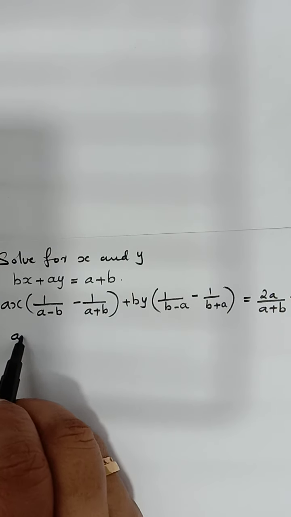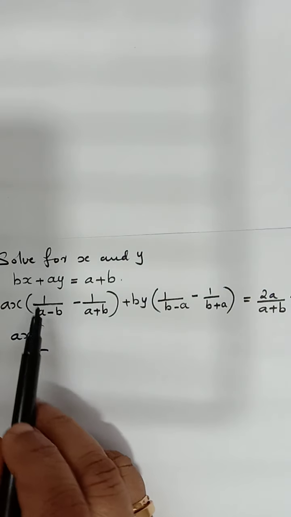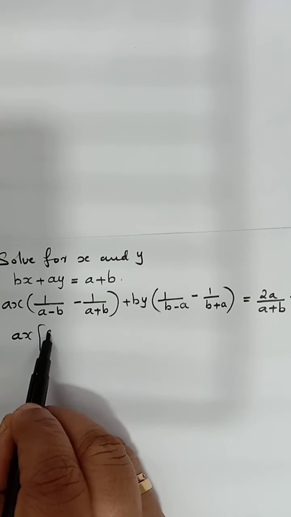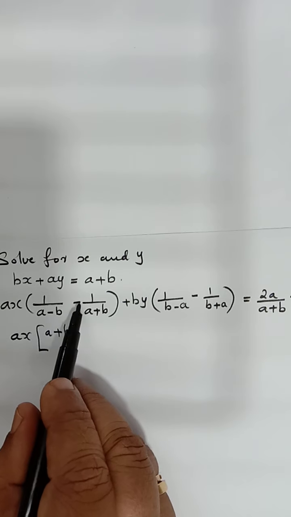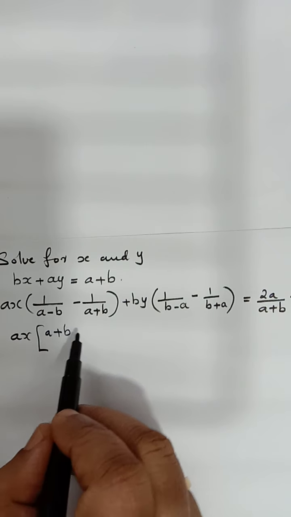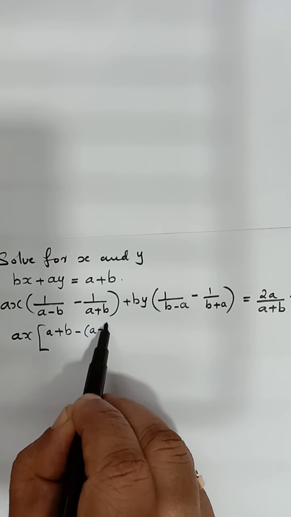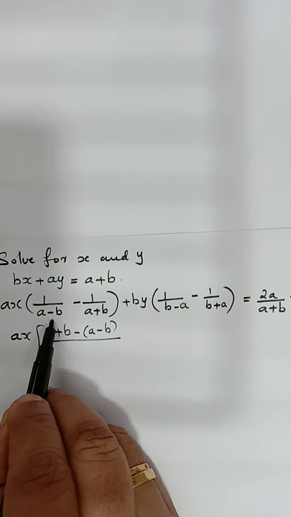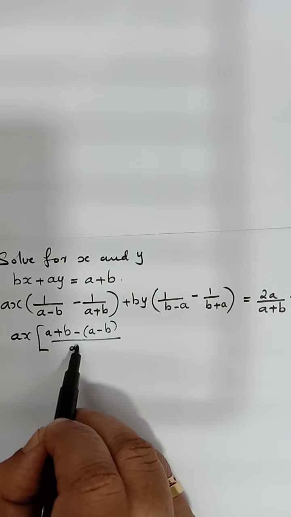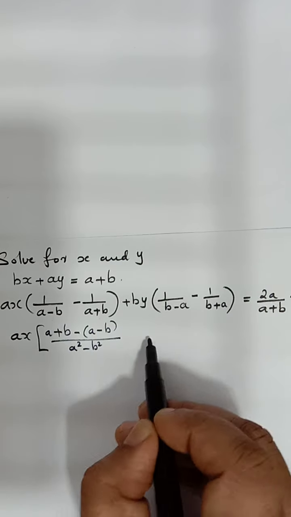So we have ax into, in bracket, 1 into a plus b is a plus b minus of a minus b, divided by a plus b into a minus b, which is a square minus b square.